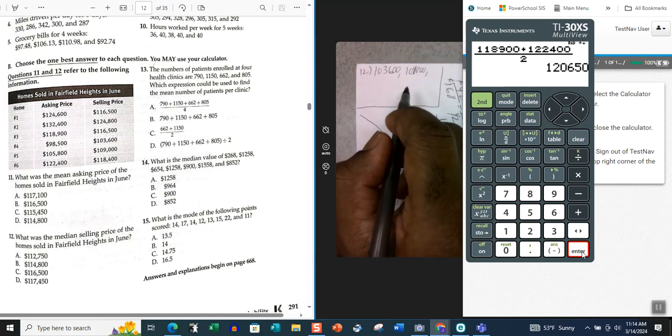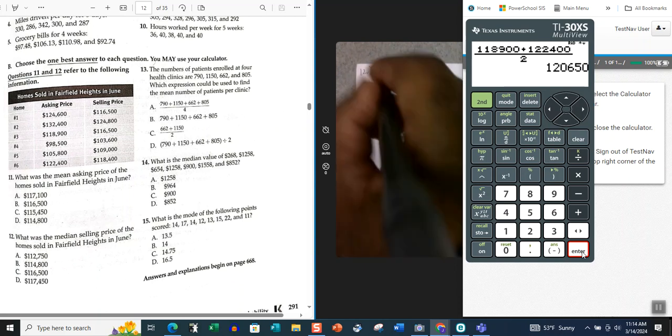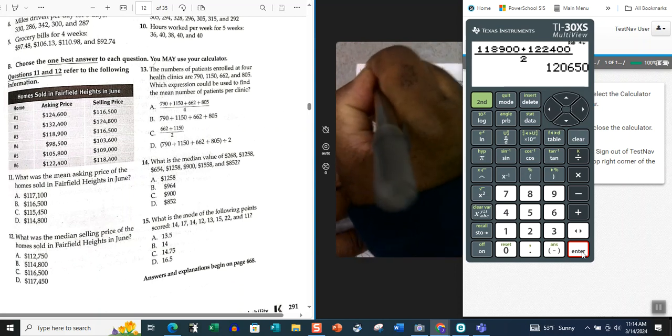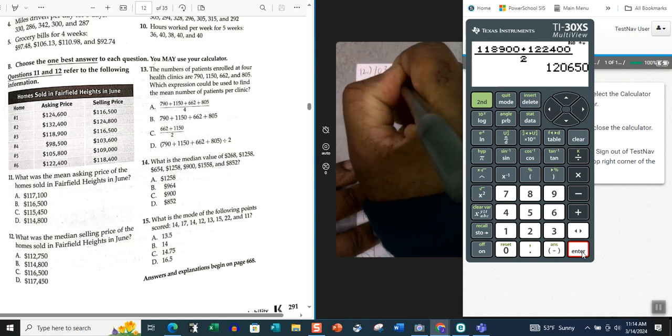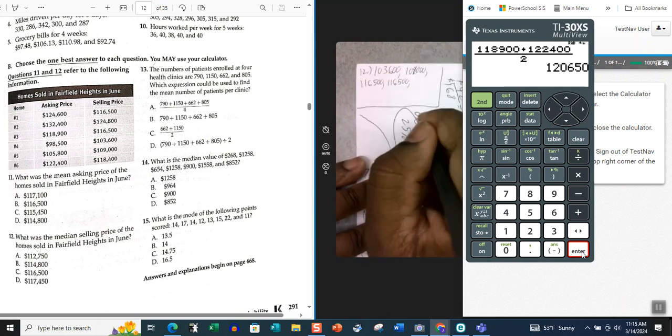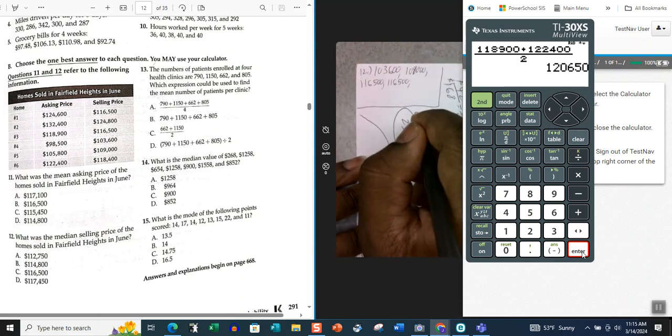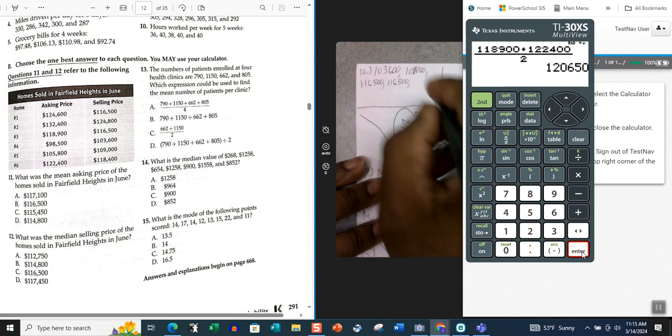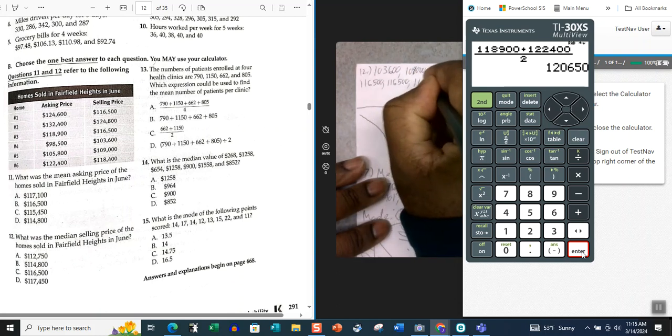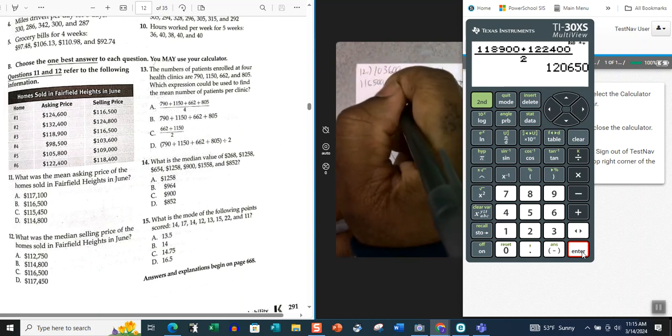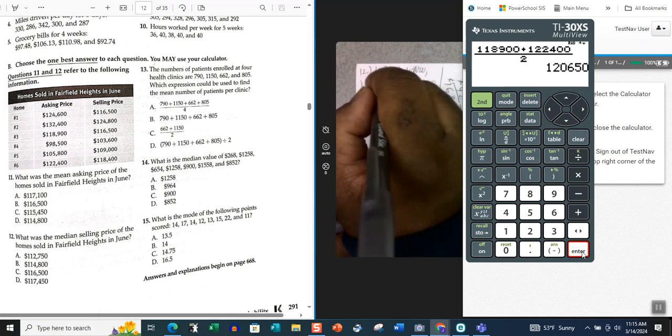The next would be 116,500. And then the next would be 116,500 because it appeared twice. And then it'll be 118,400. And then finally it'll be 124,800.